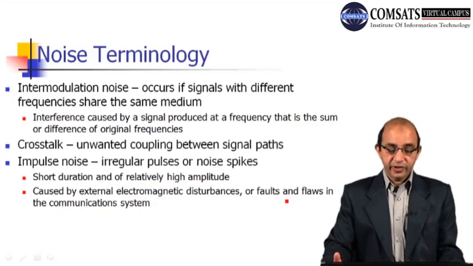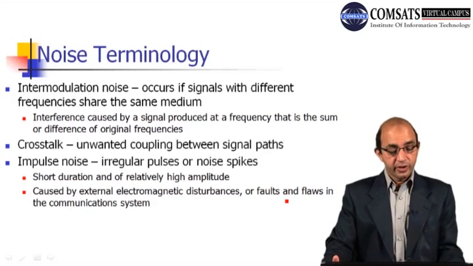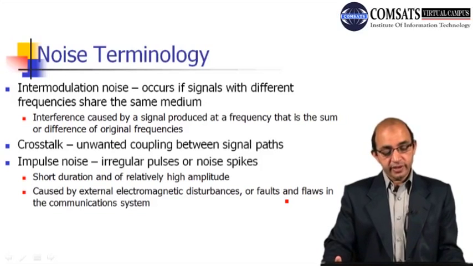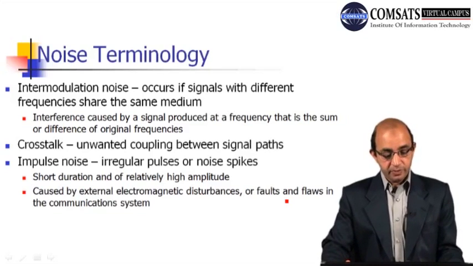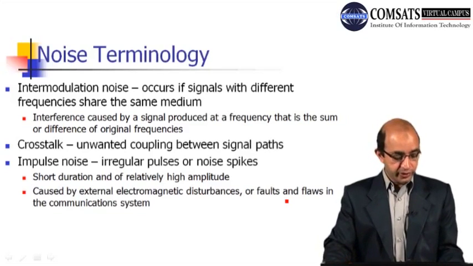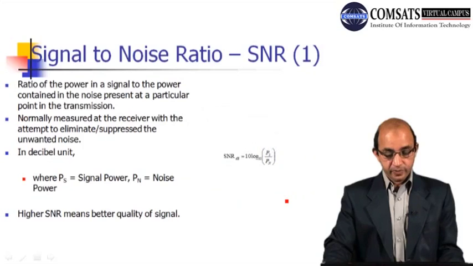Interference is caused by a signal produced at a frequency that is the sum or the difference of the original, fundamental frequencies. Then we have our intermodulation noise. We can also have coupling between different communication paths, and we also have impulse noise.